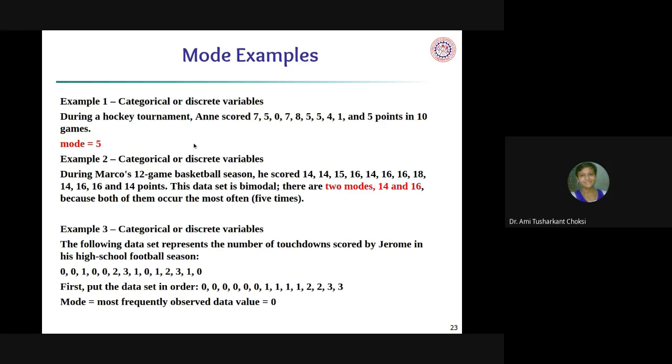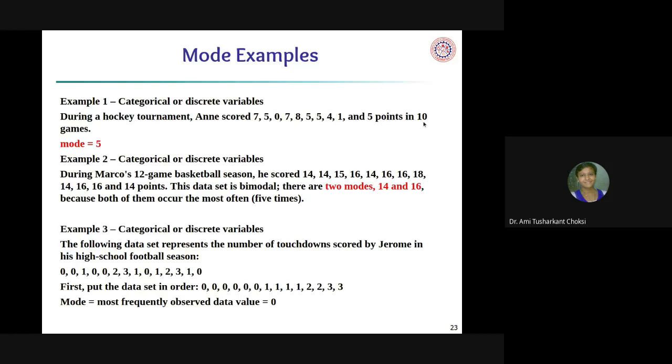So here, let's see that example. Say categorical or discrete variables are there, where the categories are there, right? Say this data: 7, 5, 0, 7, 8, 5, 5, 4, 1, 5.